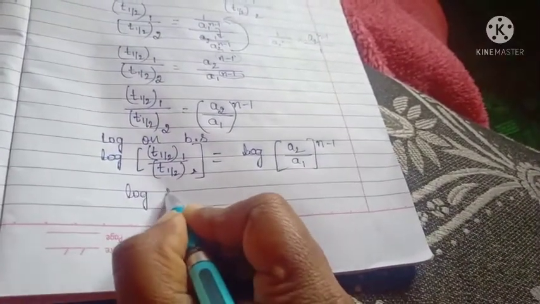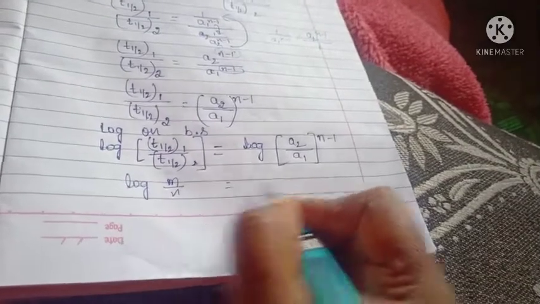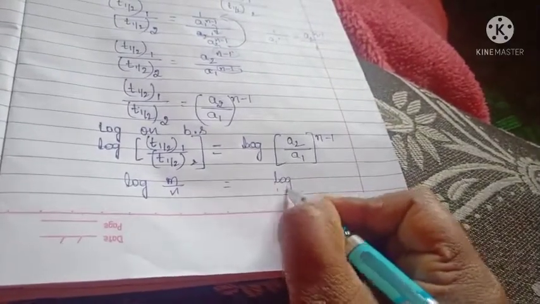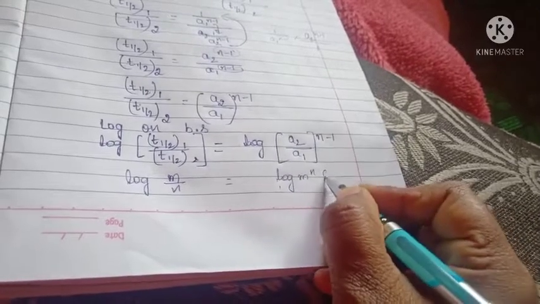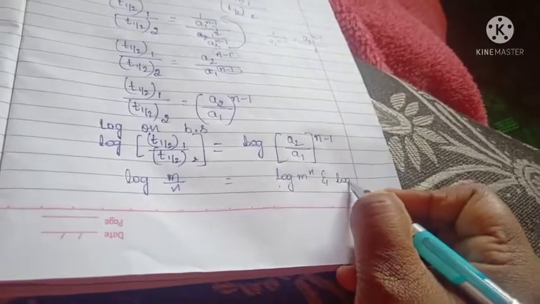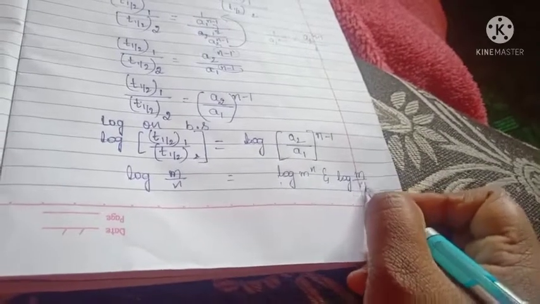Log m by n is log m whole to the power of n, and log m by n is also applied.